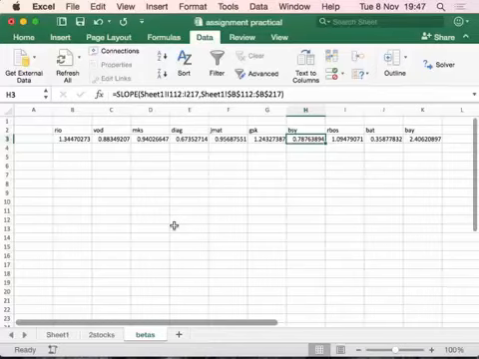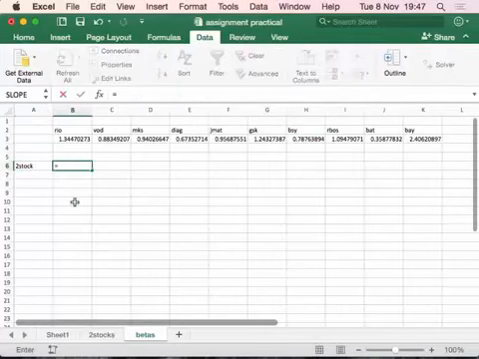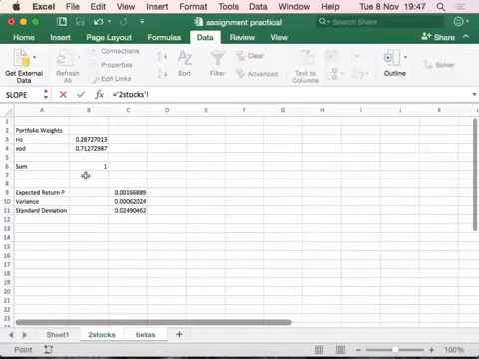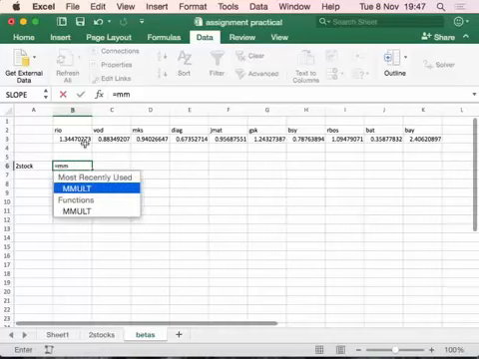Now, to calculate the portfolio beta, you multiply these weights. Now, the two-stock portfolio is basically these betas times the weights. So it's again matrix multiplication, isn't it? MMULT.